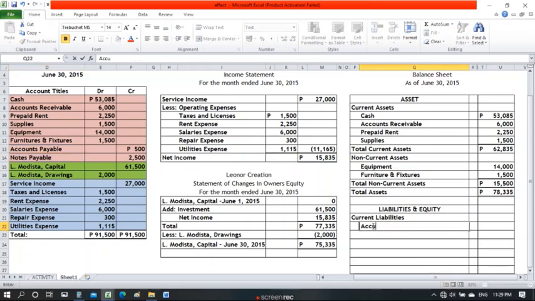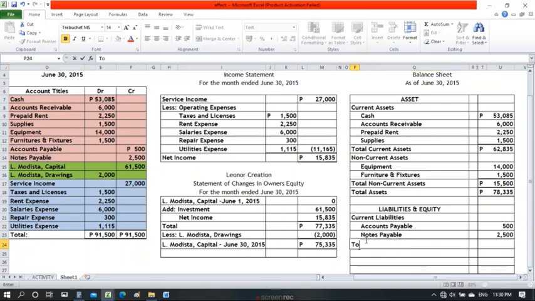So accounts payable and notes payable. The amount is 500 and 2,500. Since we have no other liabilities, you will not write total current liabilities.